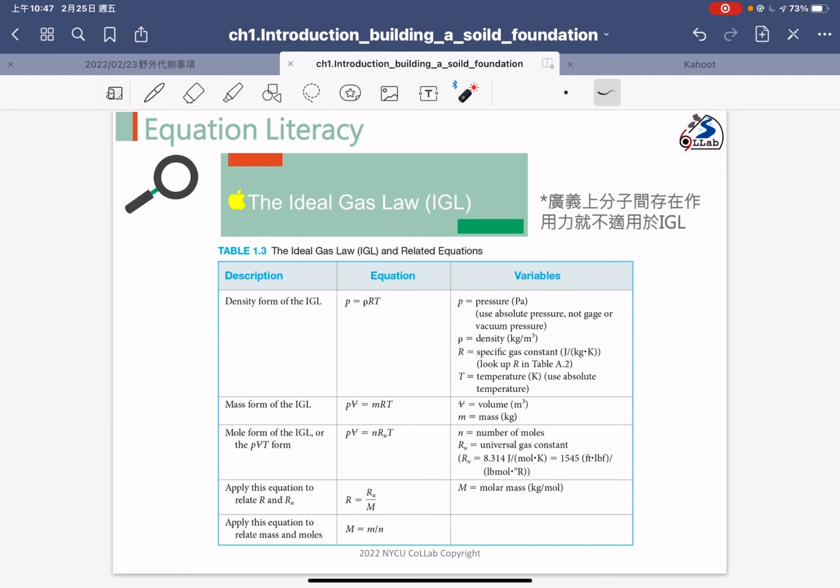And R is the specific gas constant. Based on the table, we summarize one formula here. We know that the specific gas constant should be equal to the universal gas constant divided by the molar mass.